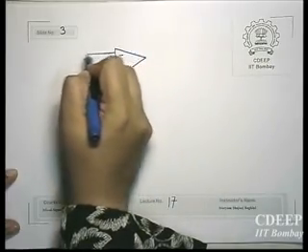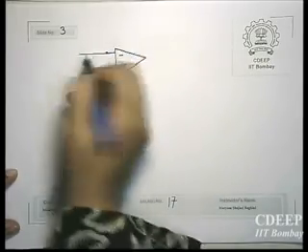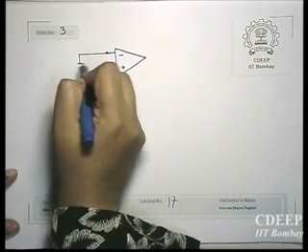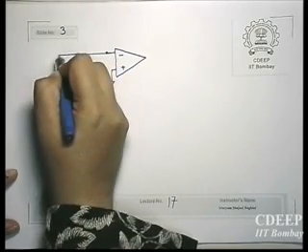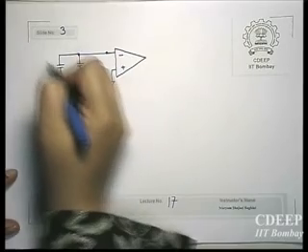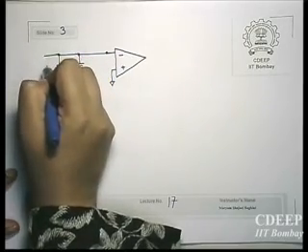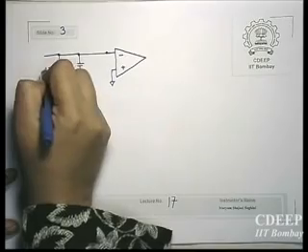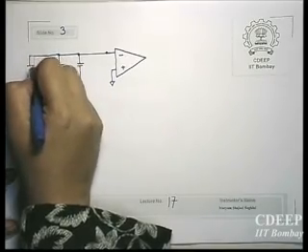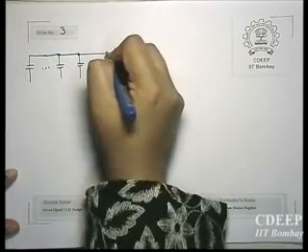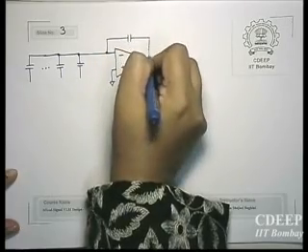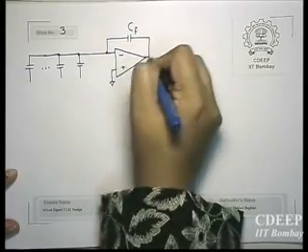So first of all, suppose I have this same ladder. These are capacitors. Okay, so I shift this one capacitor over here. So this is the feedback capacitor.